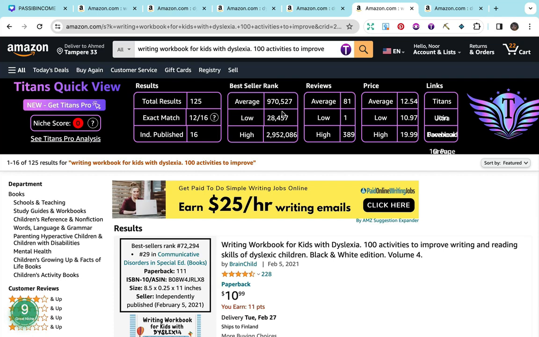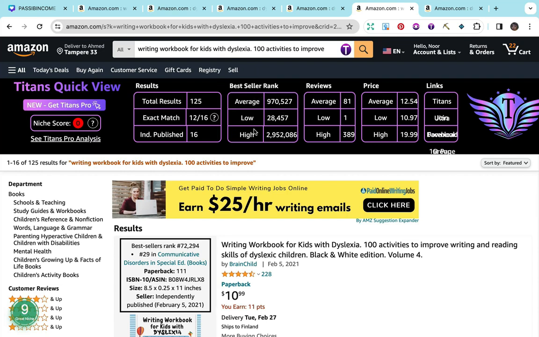It's long tail, it's detailed, it's combining a couple of other words that are ideal to be included for the 7 keyword slots. So if you are writing a book or creating a workbook for dyslexia for kids, whether it's kindergarten kids or different age groups, include this keyword in the 7 keyword slots, and this will reap the benefits because of its slightly higher bestseller rank.